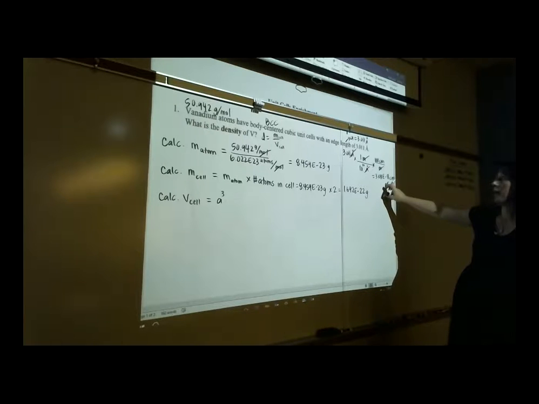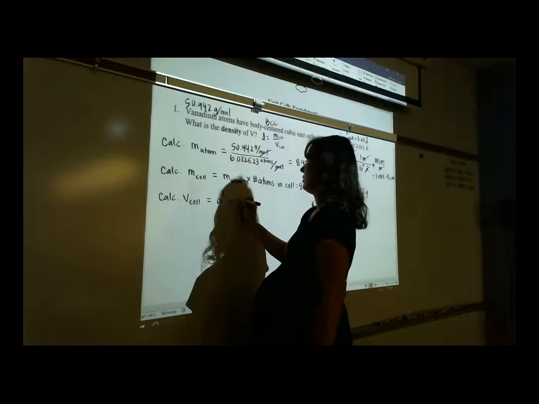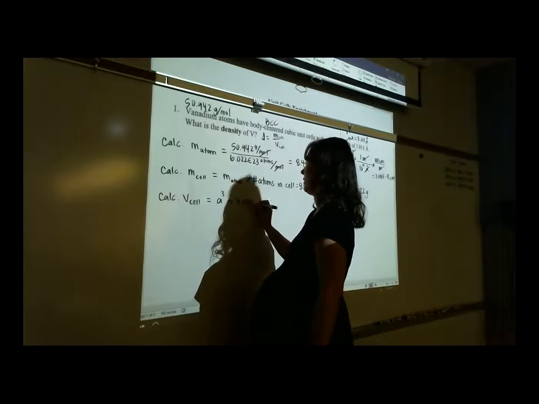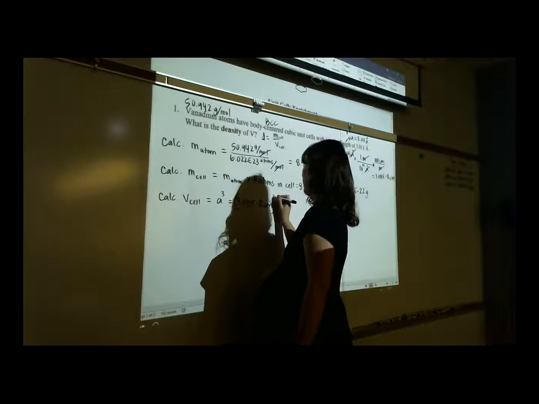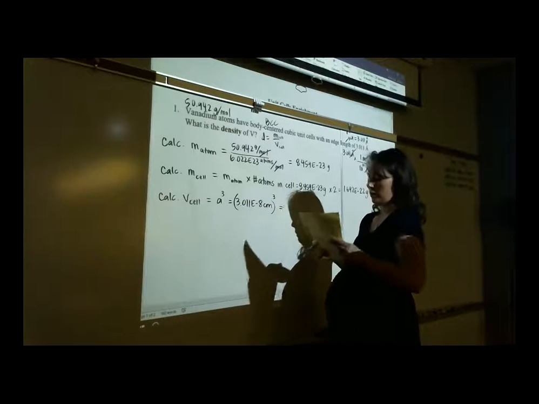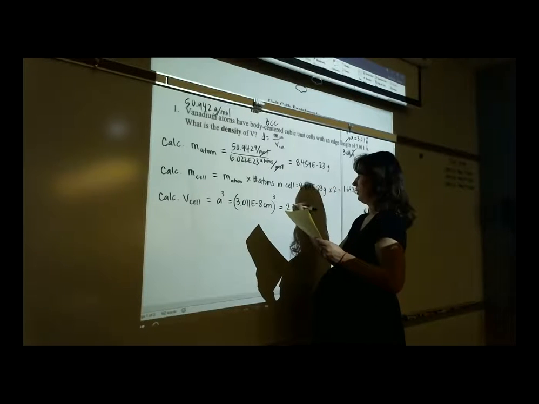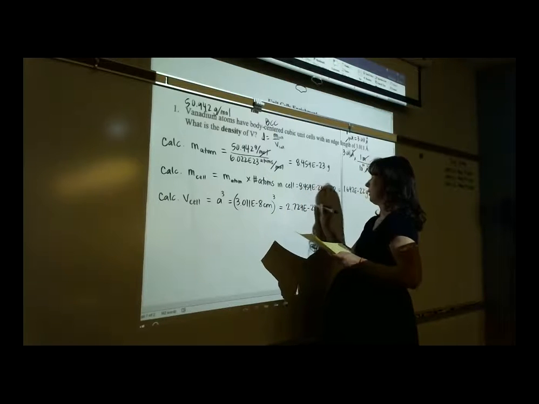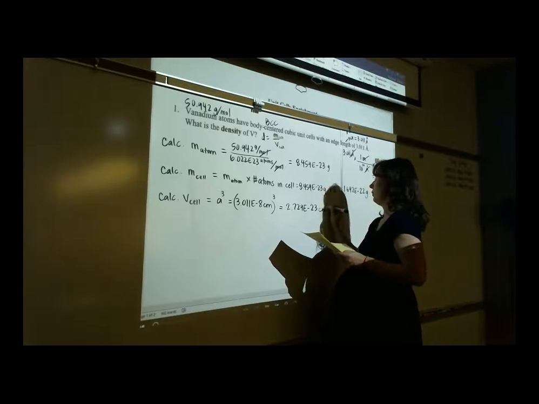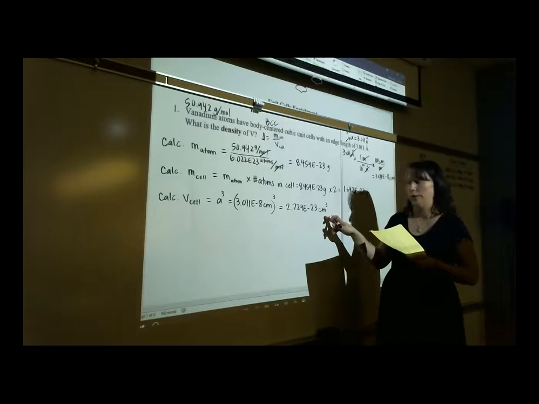So now I've got my edge length in centimeters. All I need to do is cube it. So 3.011 times 10 to the negative 8 centimeters, and we want to cube that. And I got 2.729 times 10 to the negative 23rd centimeters cubed. A centimeter cubed is the same thing as a milliliter, right? So you could write that as milliliters if you wanted.